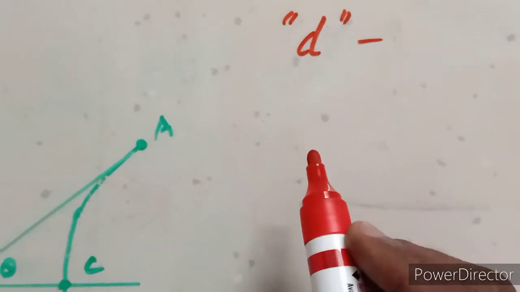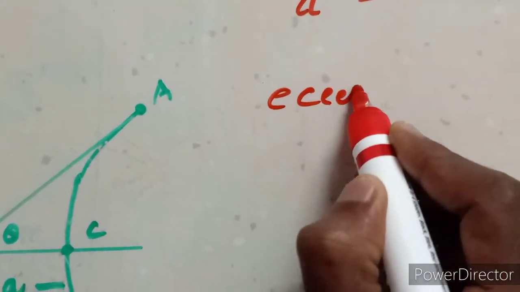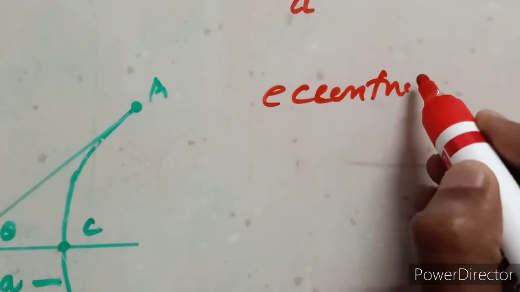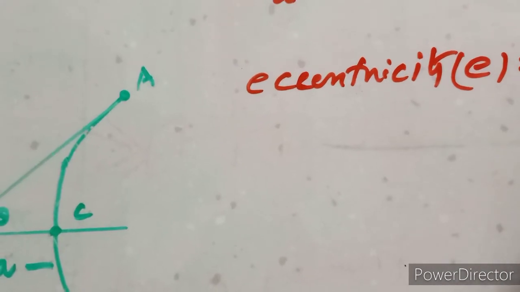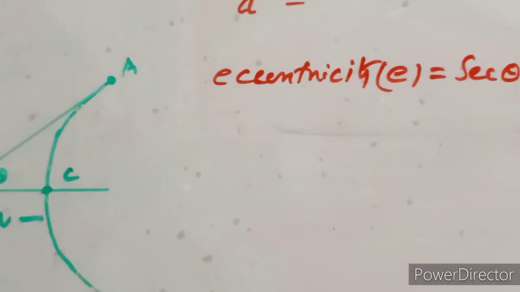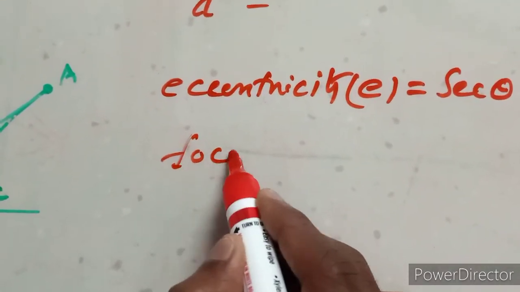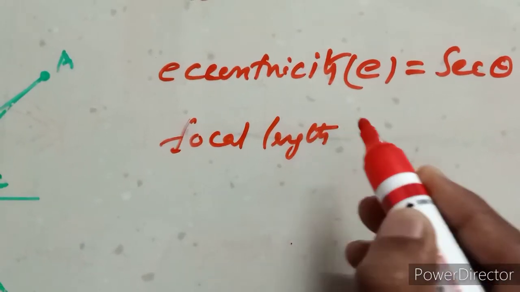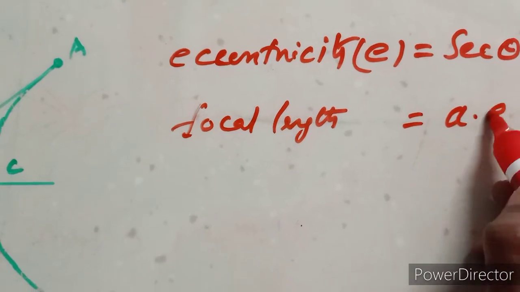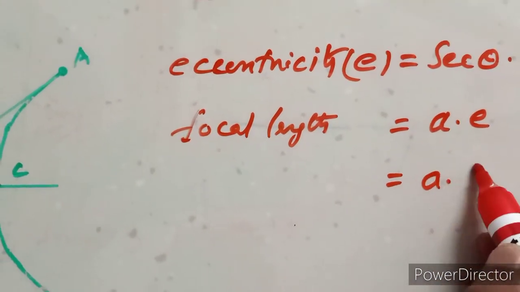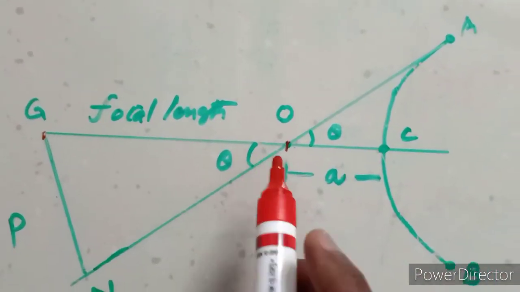Generally, the properties of hyperbola: eccentricity e equals secant theta. Then the focal length of the hyperbola equals a into e, that equals a into secant theta. This focal length is GO.